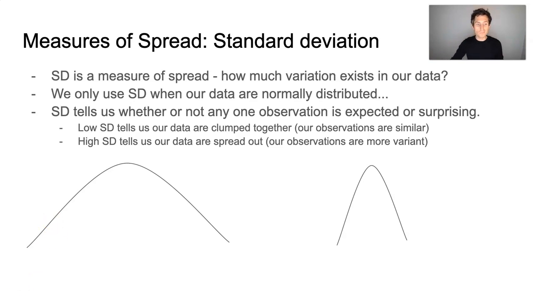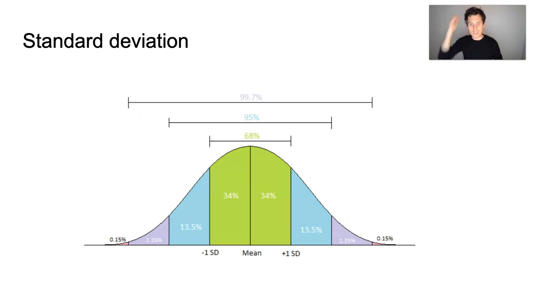Okay, so the way that I like to think about standard deviations, I'll just break it down from my mind, is that if we have a mean and we have a standard deviation from that, one standard deviation is going to be kind of normal, 2 standard deviations is going to be really rare, and 3 standard deviations is going to be a complete outlier.